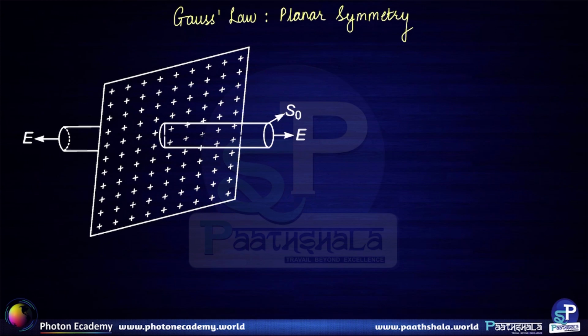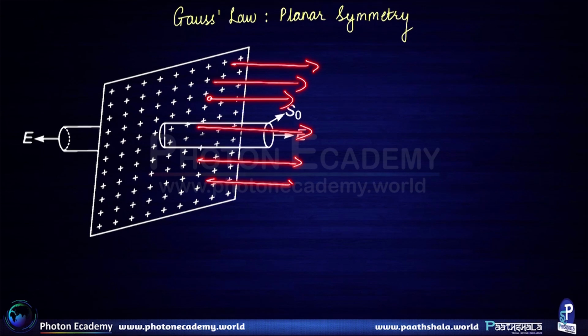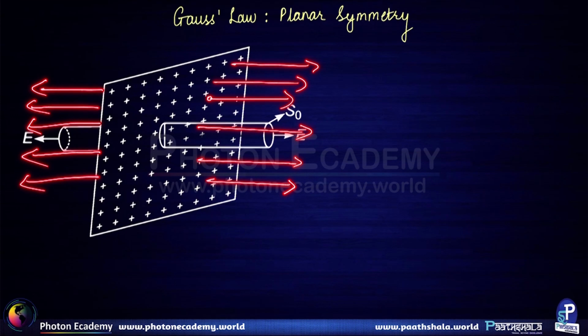along the plane is equivalent, and hence electric field cannot be along that direction. The only symmetric direction allowed is the perpendicular direction, and hence the electric field lines are going to be in a direction perpendicular to the plane surface, and towards the left also the electric field moves like so.